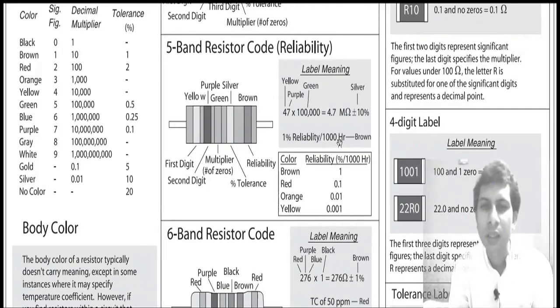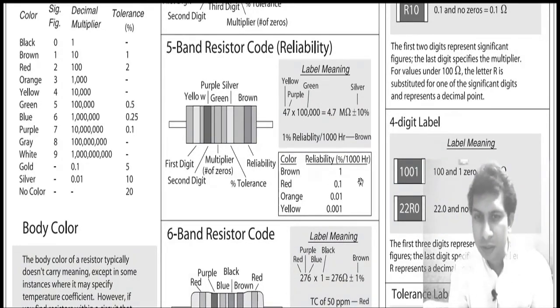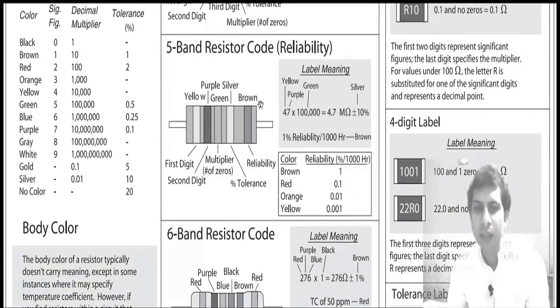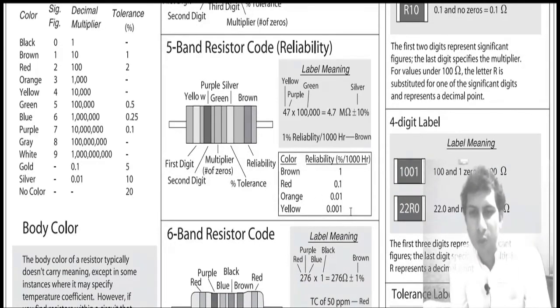That means we can lose the reliability of this resistance, offered with the value of 4.7 mega ohm plus minus 10%, after this resistor is used for 1000 hours, and reliability is given in this format. Brown is for 1, red is 0.1, orange is 0.01, yellow is 0.001, right?